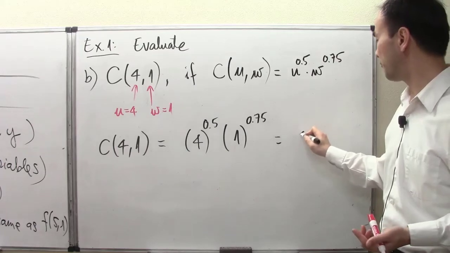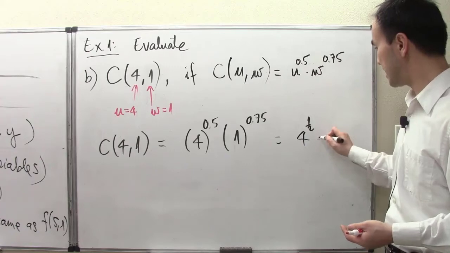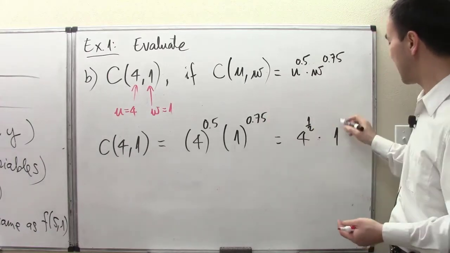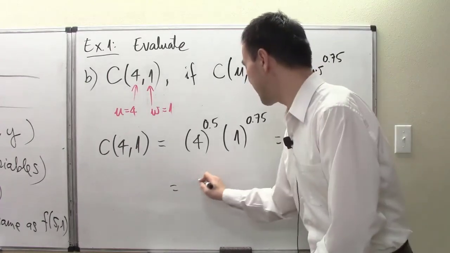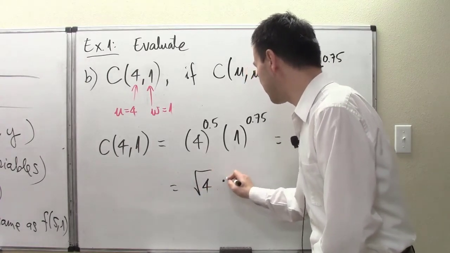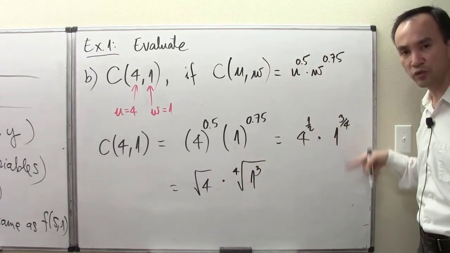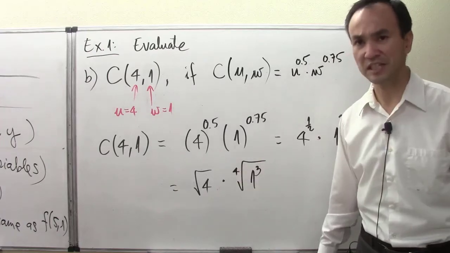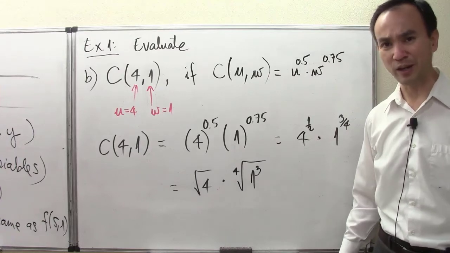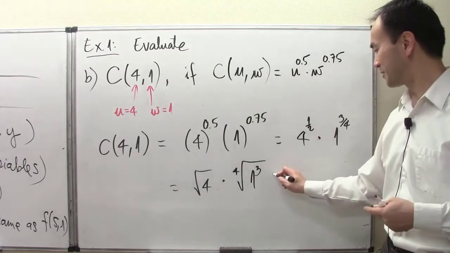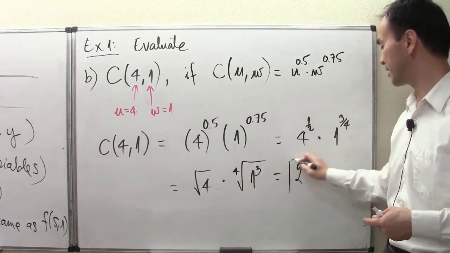So here it's 4 to the 1/2 power, or the square root of 4, times 0.75, which is the same as 3/4, so that's the 4th root of 1 cubed. That's what 1 to the 3/4 is. So these are all still easy numbers to calculate, and that's the reason why I didn't want to swing over to grab the calculator at my computer station. So here it's simply 2 times 1. The final answer here is 2.